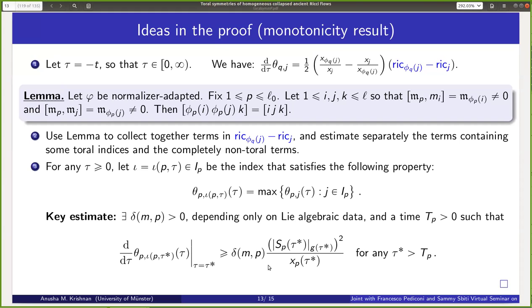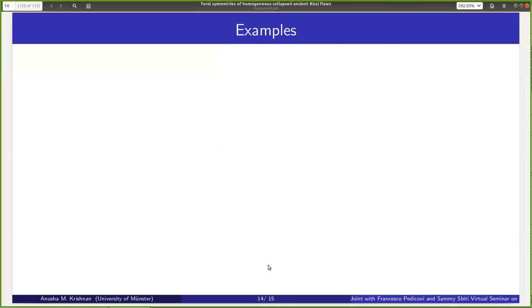These are just to sketch some of the ideas in the proof, and let me finish up by mentioning some examples of our strongly Ricci diagonal condition. So they come from this Lie algebraic definition of strongly nice.